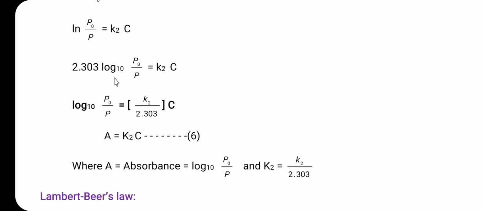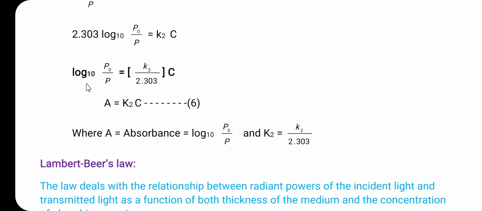Again rearranging the equation, log of P0 by P to the base 10 is equal to K2 divided by 2.303, in bracket, into C. Log of P0 by P is the absorbance. So, instead of log of P0 by P, let us consider A, the absorbance, which is equal to K2 by 2.303, where K2 is a constant and 2.303 is a constant.